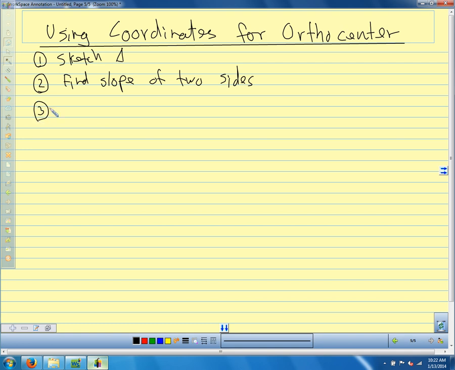Our orthocenter comes from the altitudes, so we need a perpendicular line to the two sides. So we need to write the equations of perpendicular lines to the sides through the opposite vertex.